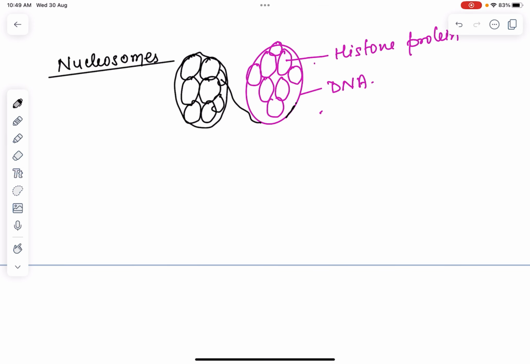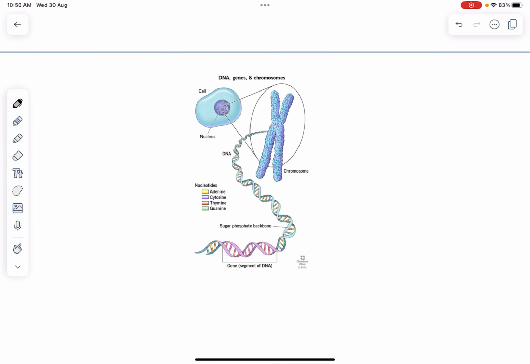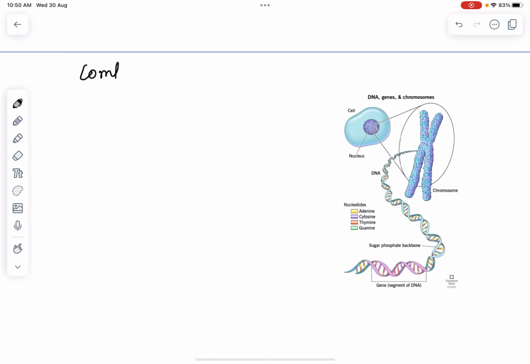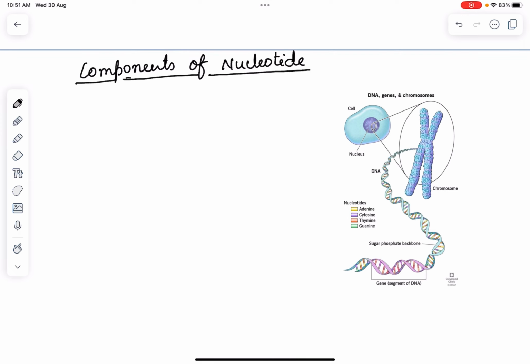Each single DNA strand is composed of repeating nucleotides, which are made up of 3 components. Now, this DNA is made up of 3 components of nucleotide. First is pentose sugar.